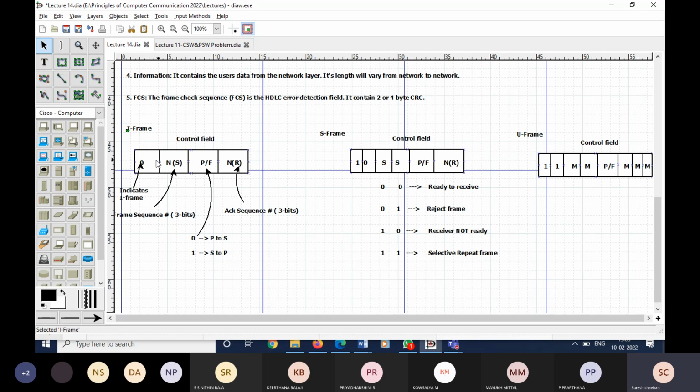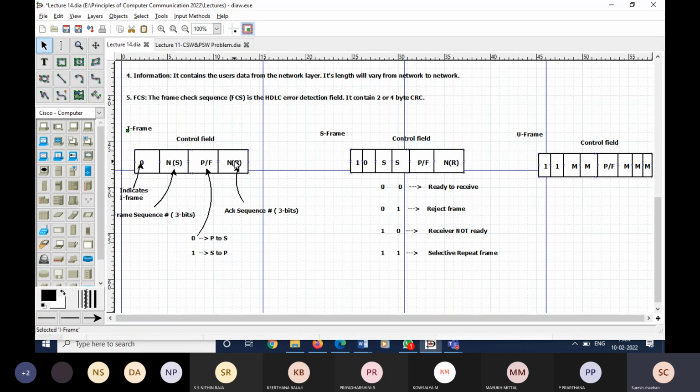And the second one is very important. N of S, where S indicates the source, and N of R, where R indicates the receiver. N of S means the number of bits required for frame sequencing. Here, usually we use 3 bits.